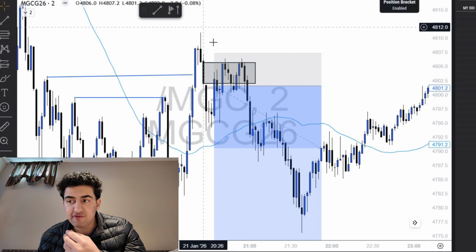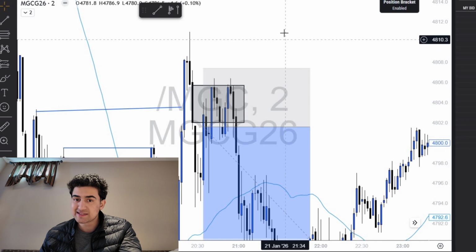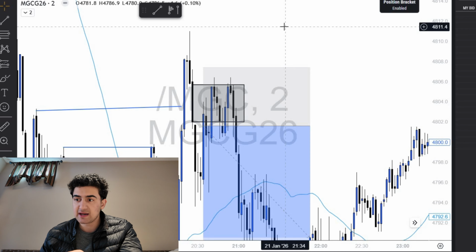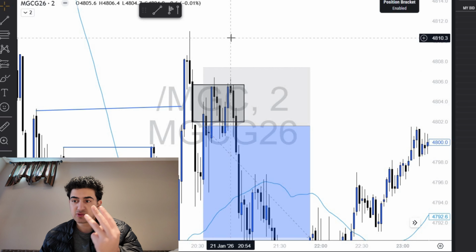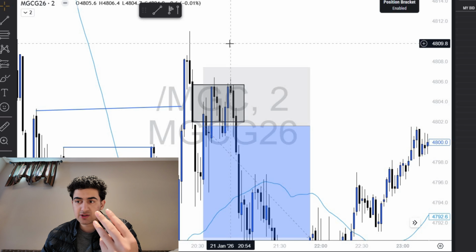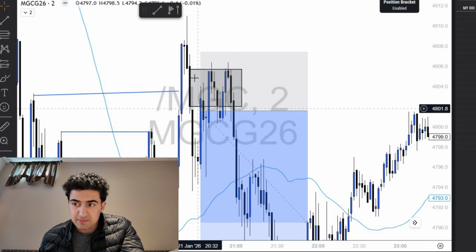So what is a fair value gap, right? I'm gonna make a separate video about fair value gap because it's very important and you need to know what it is. A fair value gap is made with three candles, where the high and the low of the outer candles don't meet.